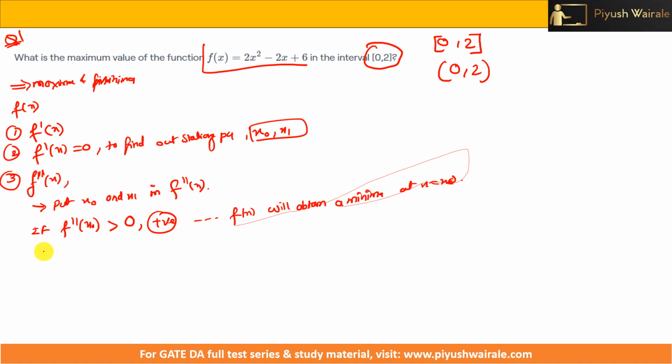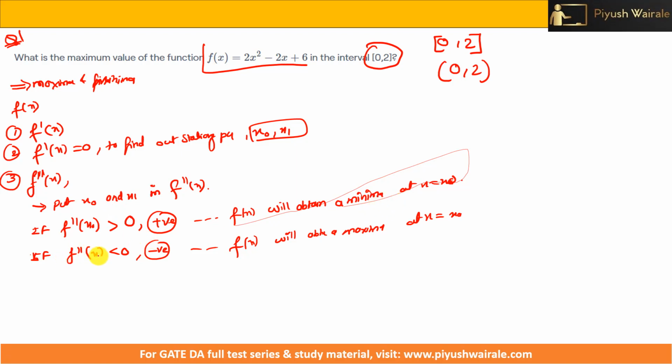And if f double dash of x is less than 0, that is negative, then we can say f of x will obtain a maxima at x equals x naught, or at any stationary point we put. When f double dash of x is greater than 0 or positive, f of x will obtain a minima at x equals x naught.